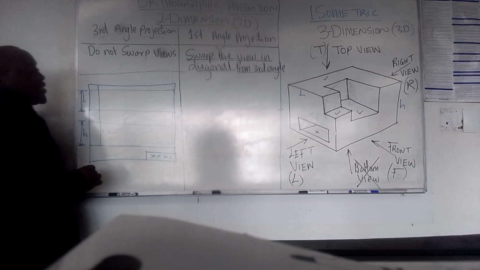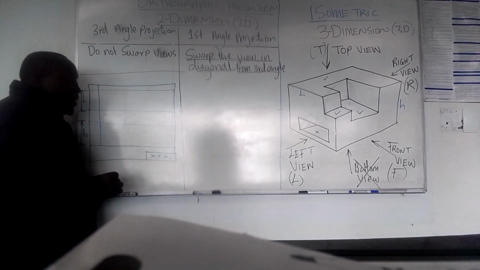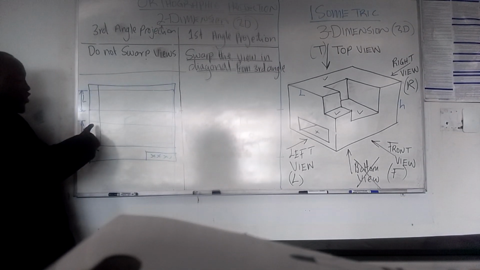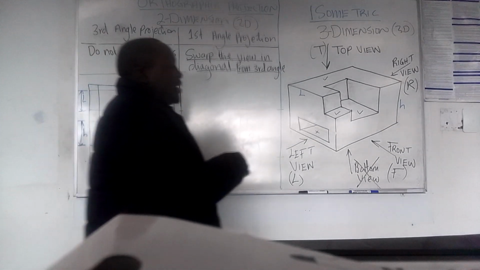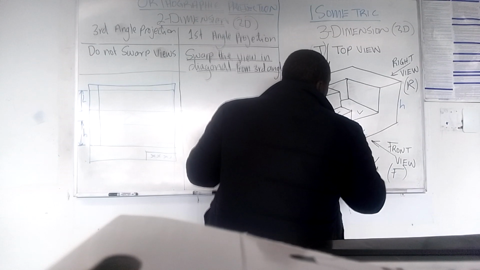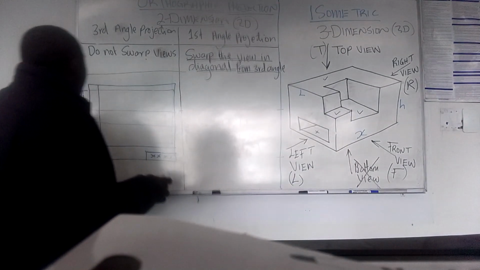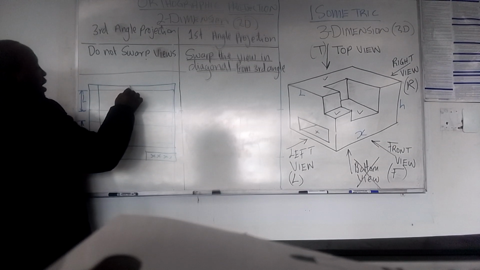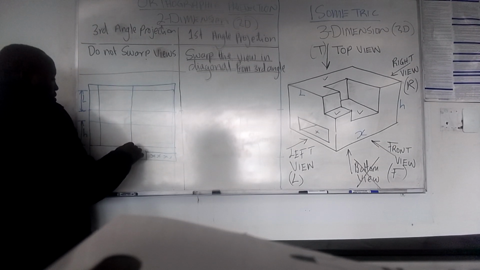So, look here. Front view, we said front view will be on the left all the time. So come here, measure the length, I'll call it X. From there to there, X. Come, measure X. Draw.